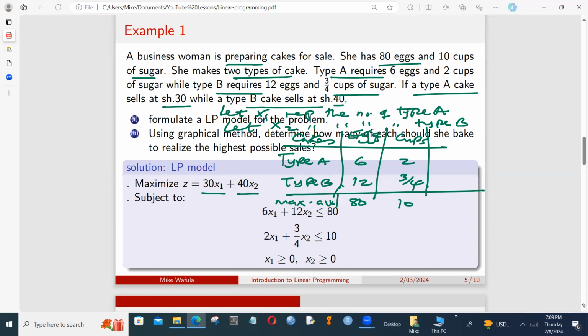And so the objective function will be to maximize z, which equals the sum of 30x1 and 40x2. So this becomes the objective function which has to be achieved subject to.